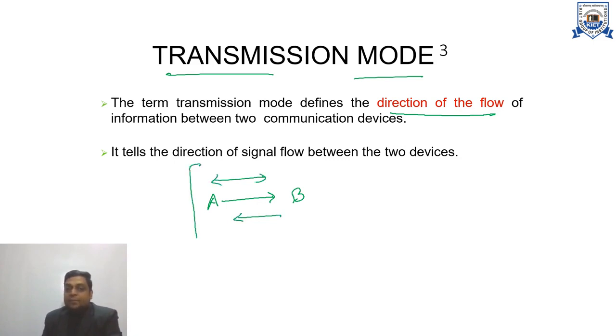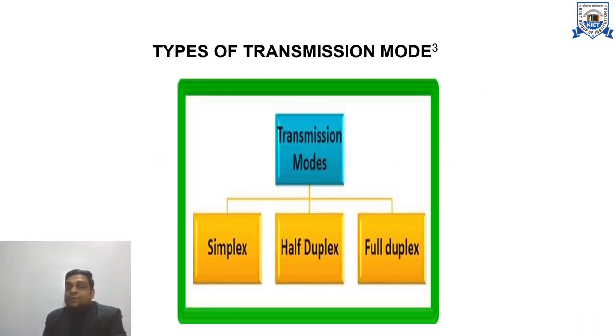Such a mechanism is known as transmission mode. It tells the direction of signal flow between two devices. Here we will discuss 3 types of transmission mode: simplex, half duplex, and full duplex.